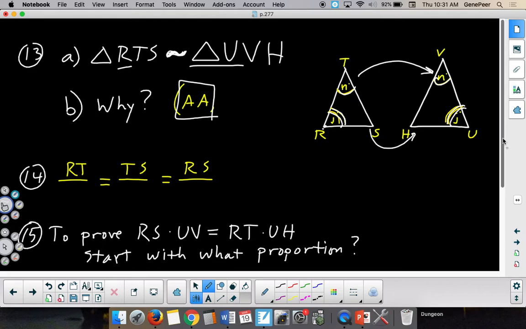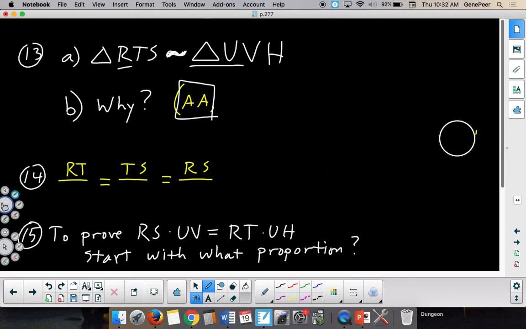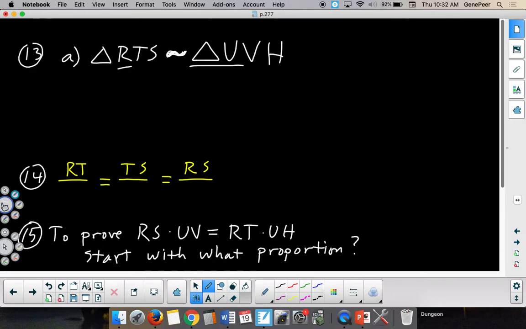Now, once we know that, the cool thing is, we don't even need the diagram anymore, because we can simply look right here at the statement of similarity. We know the corresponding parts match up, so that means that RT must match up with UV.